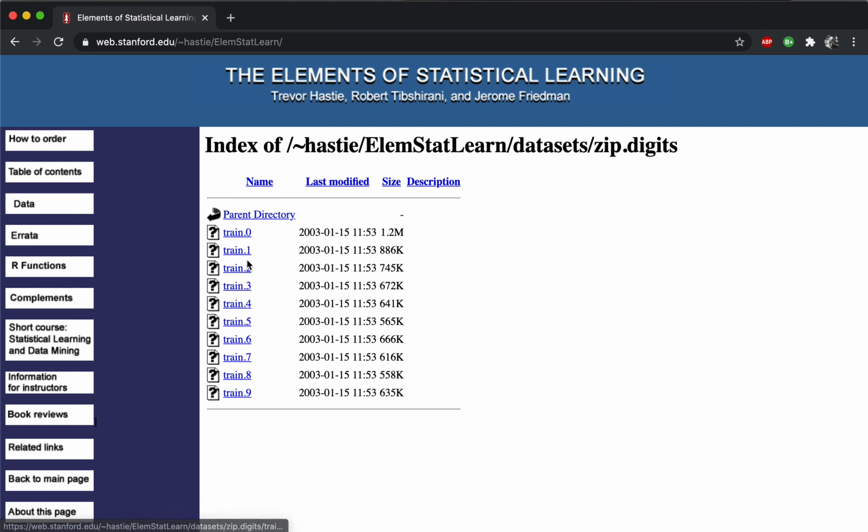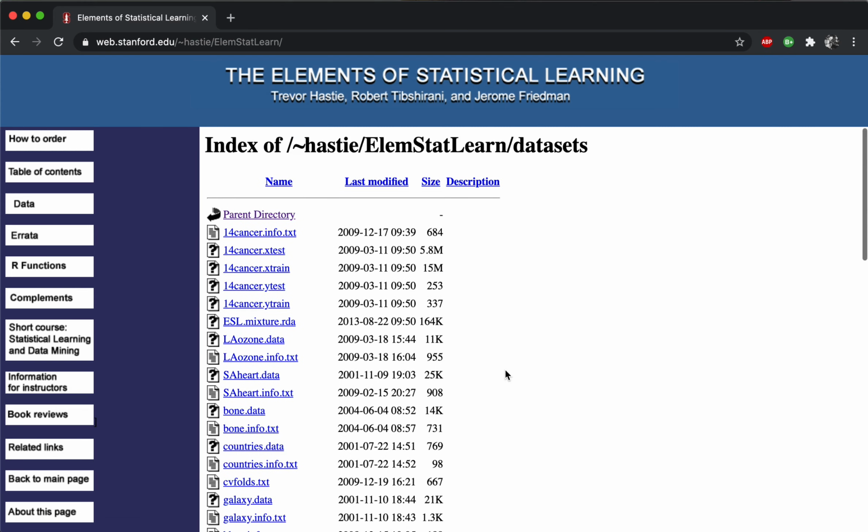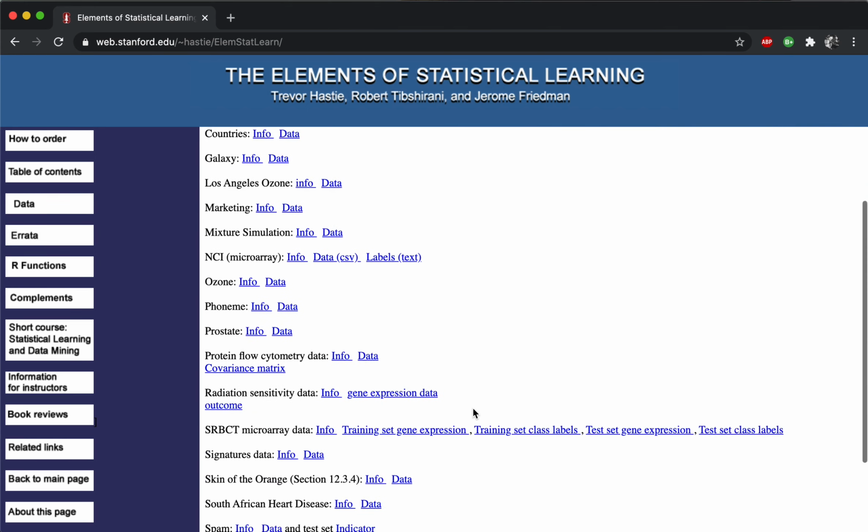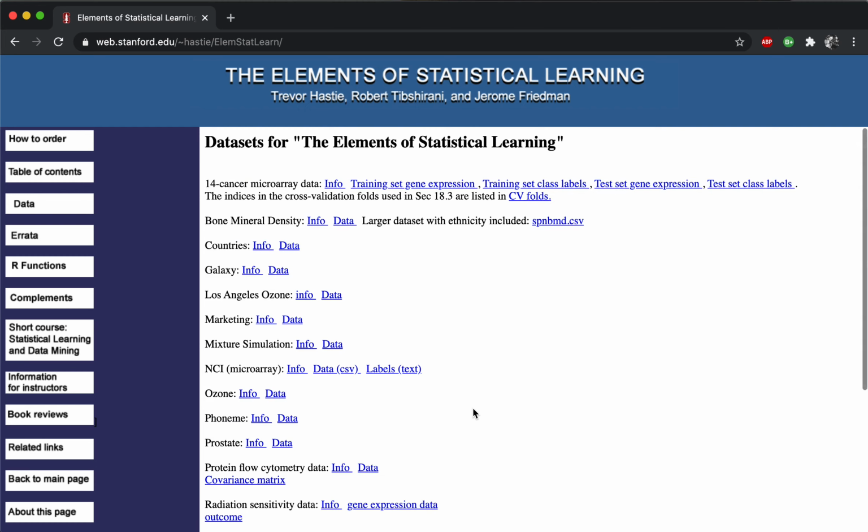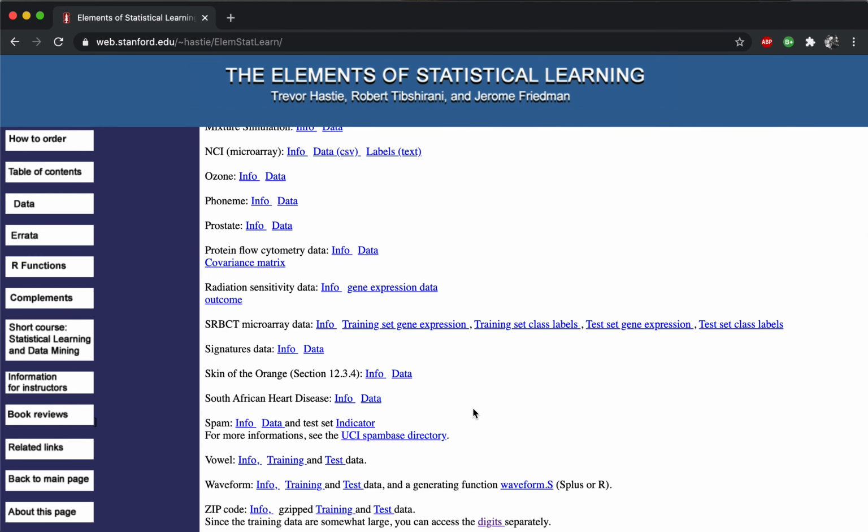So there are these training sets for zeros, ones, and up to 9, and essentially all the data that is used in the book is available here. Okay.